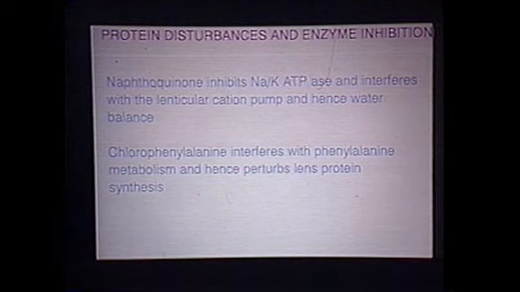Naphthoquinone inhibits the enzyme which is responsible for the pumping of sodium and water out of the lens and maintaining its transparency, and hence will produce cataracts by this mechanism. Chlorophenylalanine interferes with phenylalanine metabolism and hence interferes with the normal synthesis of lens proteins.